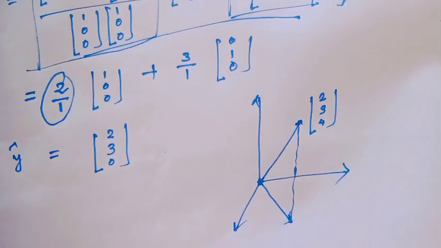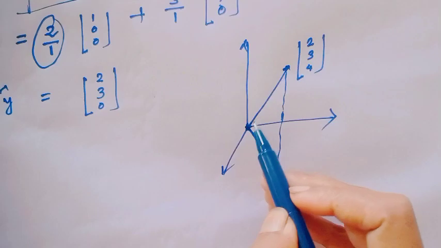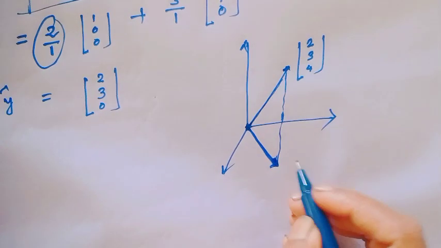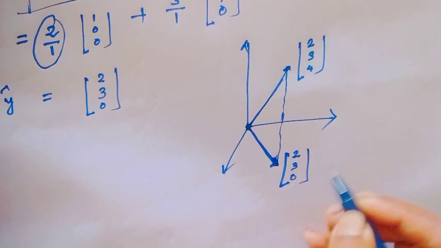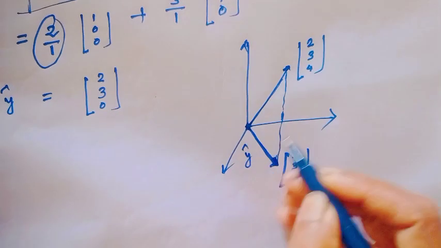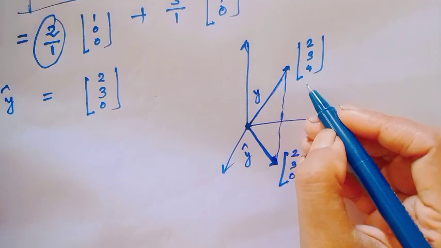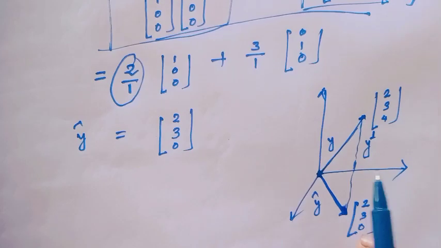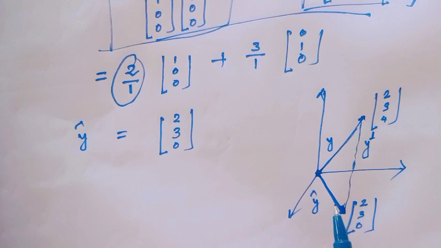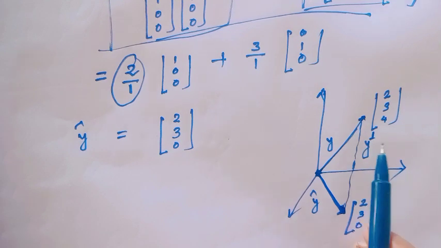And if you want to picture this, the vector 2, 3, 4 projects onto the xy plane at 2, 3, 0. This is y cap, this is y, and this is y perpendicular. That means y cap is the orthogonal projection of the vector y.